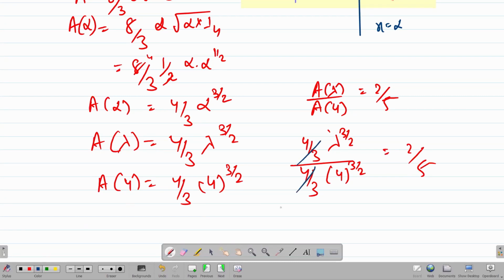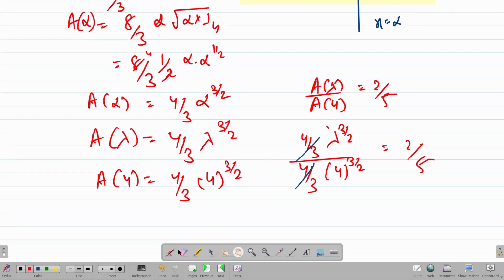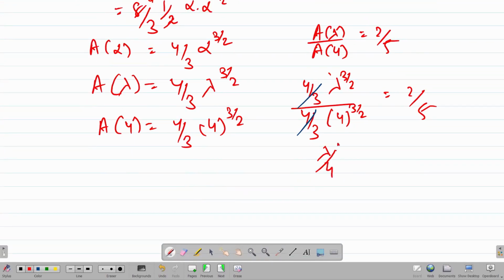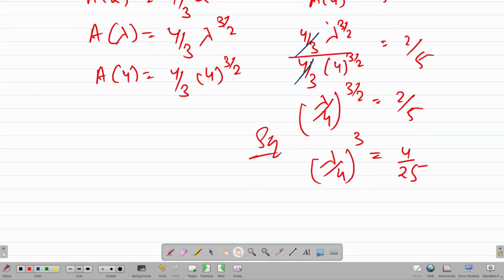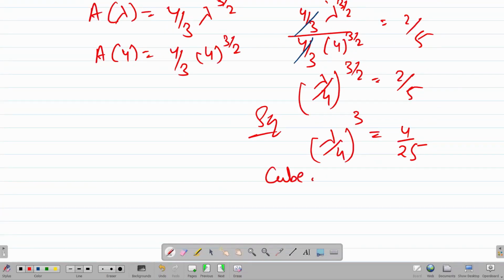On further solving, this is lambda by 4 whole to the power 3 by 2. Squaring, I get lambda by 4 whole to the power 3 equal to 4 upon 25, and then taking the cube root, I get lambda by 4 equal to 4 by 25 to the power 1 by 3.